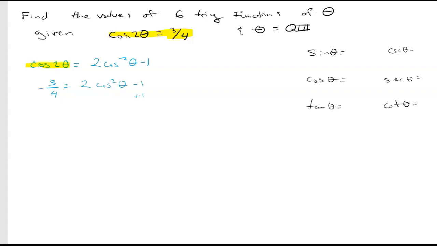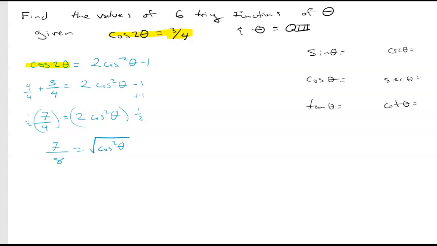Instead of adding 1, I'm going to add it as 4 over 4, right? It's the same thing as 1. So I'm going to get 7 over 4 is equal to 2 cosine squared of theta. I'm then going to multiply both sides by 1/2 to get rid of the 2. So I get 7 over 8 is equal to cosine squared of theta.